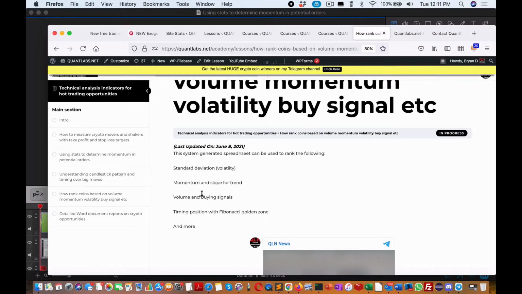Generally, I use Fibonacci levels here, the golden zone, for the optimal time to buy into a particular instrument. It also helps your timing as well. Out of that, you can get buying signals based around the opportunities in terms of when to buy it.